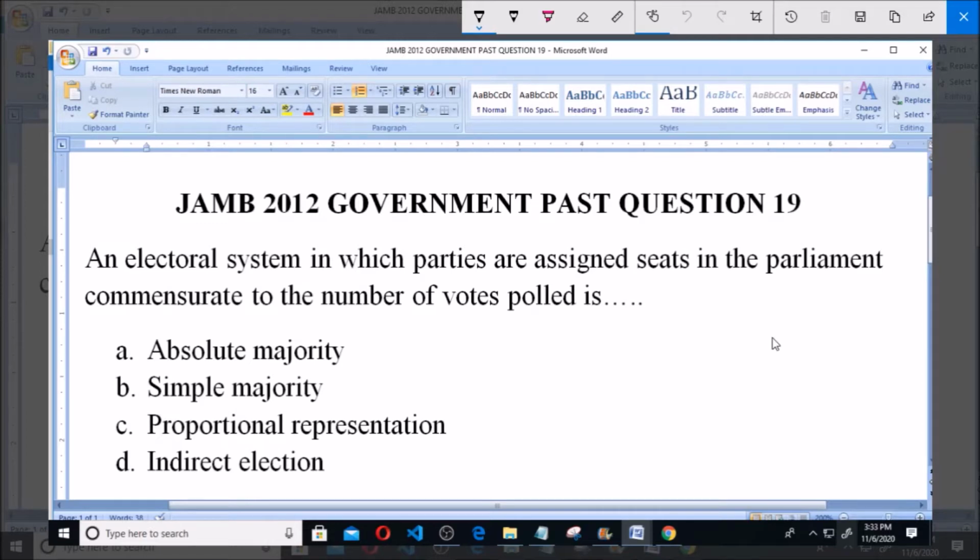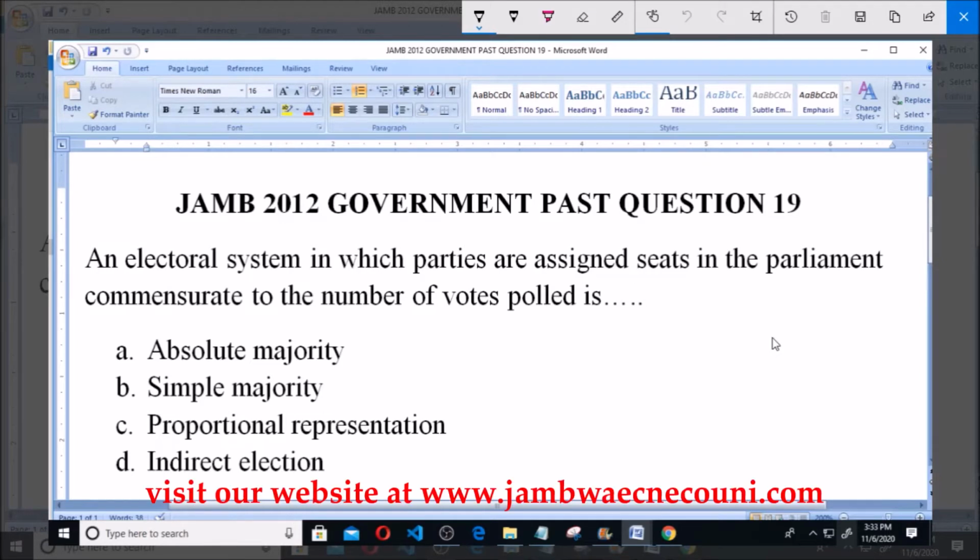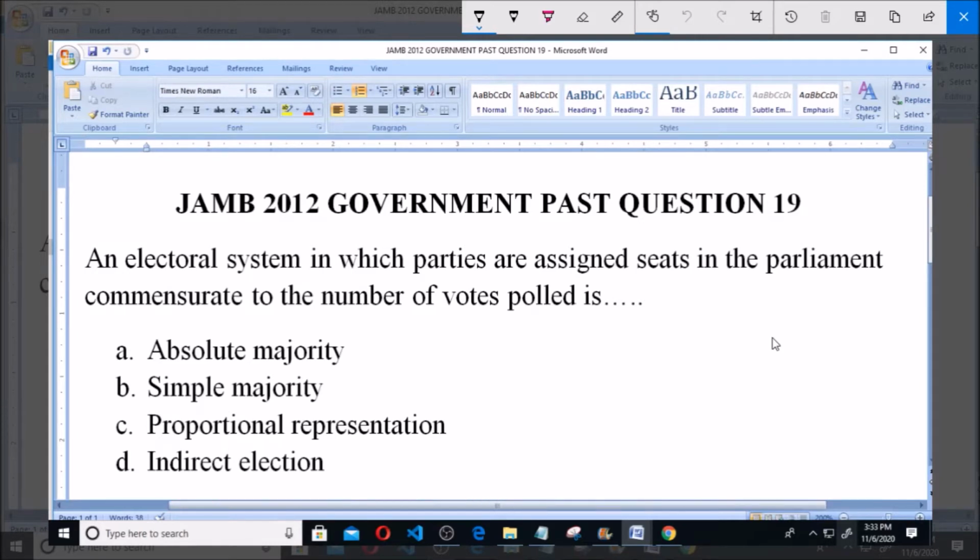Question number 19 says an electoral system in which parties are assigned seats in the parliament commensurate to the number of votes polled is dash.